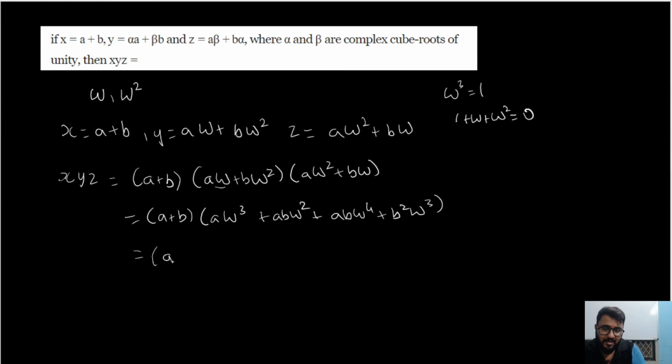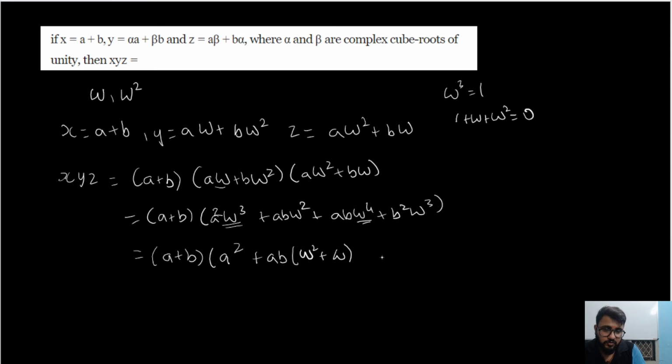So now you have a plus b into omega cube is 1, so this should be a squared. I'm sorry for that, because it's a into a here. So now it's just a squared because omega cube is 1, and now if I take out ab, I'll have omega squared, and omega power 4 can just be written as, yes, omega, because it's omega cube into omega.